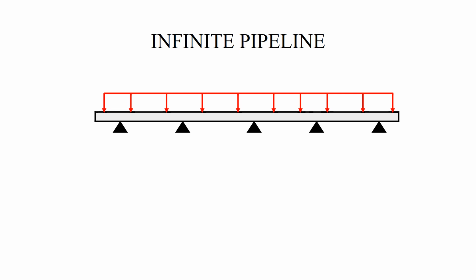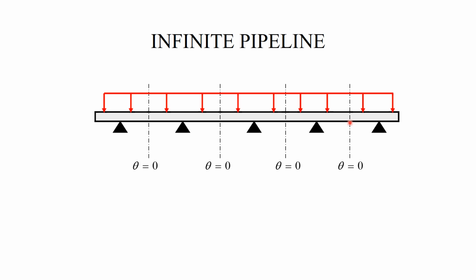So if I look at the spans, I have infinitely many spans, and they're all the same because the pipe is infinite and there is no way to differentiate between the spans. And so what I can say is that because of this, I can think that each span deforms symmetrically, meaning that the bending angle in the middle of each span is equal to 0.